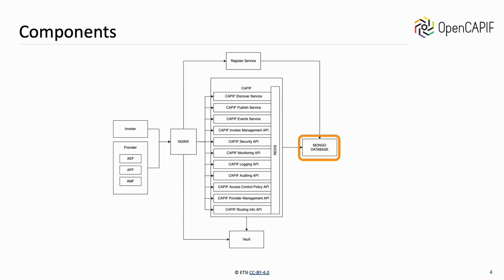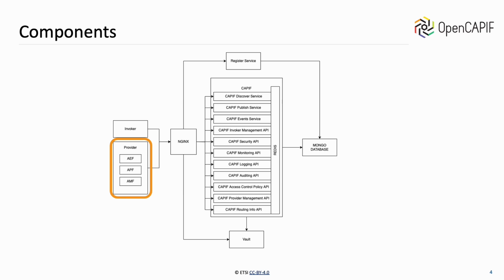Another entity will be the invoker, that is the equivalent of a client that consumes APIs. This invoker will have to register with CAPIF, discover the APIs, and consume them. And finally, we have the provider, that can be seen as the service provider, which in turn consists of three other entities.